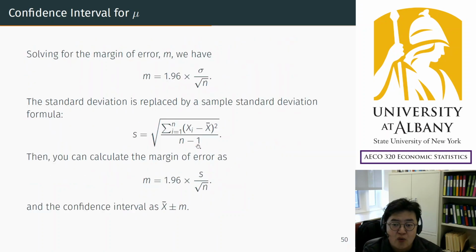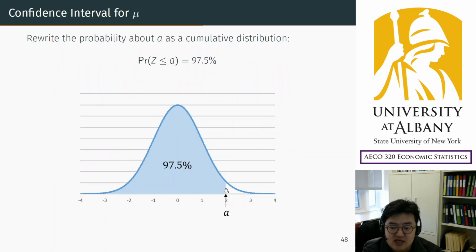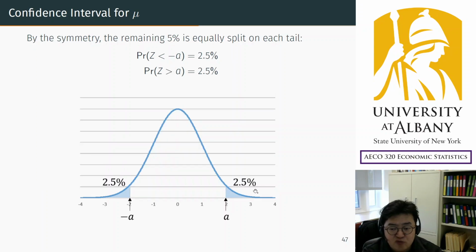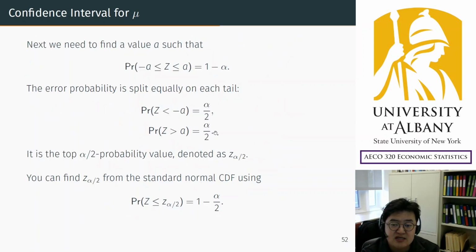So this point is top 2.5%. Only 2.5% is on the right side, greater than a. In this case, alpha over 2 probability is greater than a.